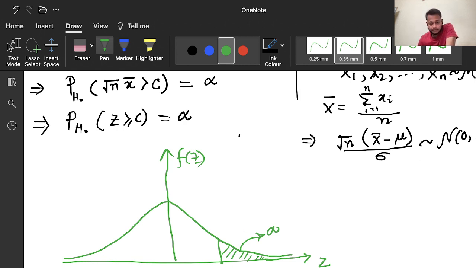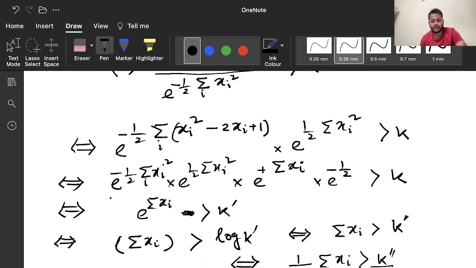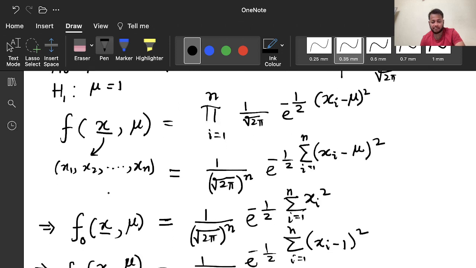This is called the z alpha point of the standard normal distribution. That means C is the z alpha point, and we know the value of z alpha, since it is given that the significance level alpha is 0.05.